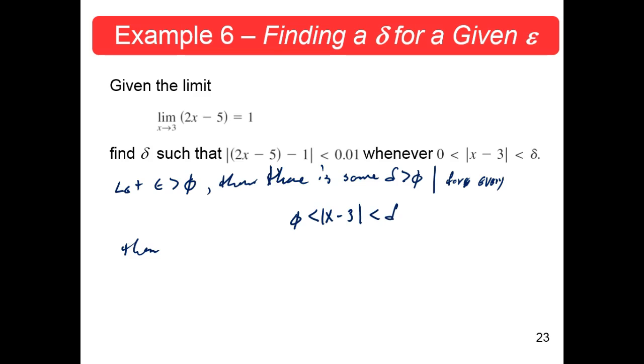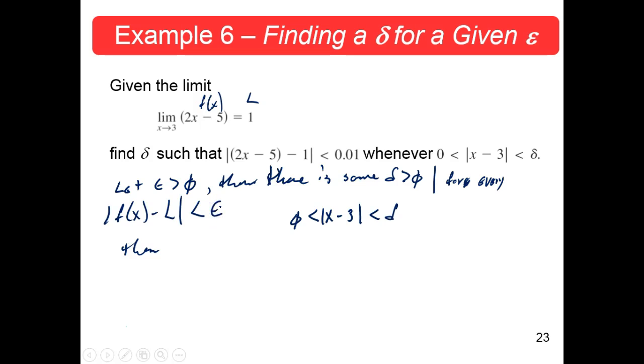Actually, they're not using the formal definition yet. Let's just take this. We want to find a delta such that when x is within that value of delta, the absolute value of f of x minus L is less than this value epsilon.